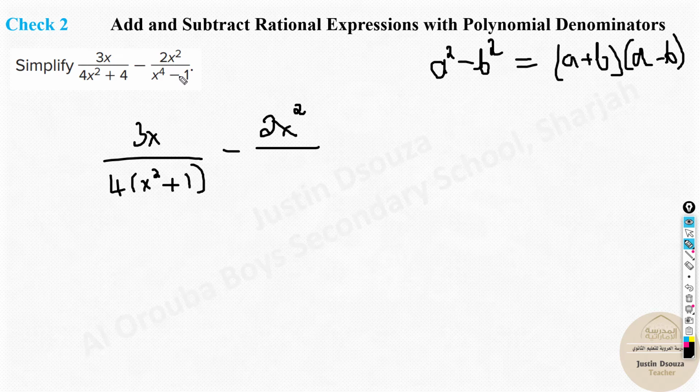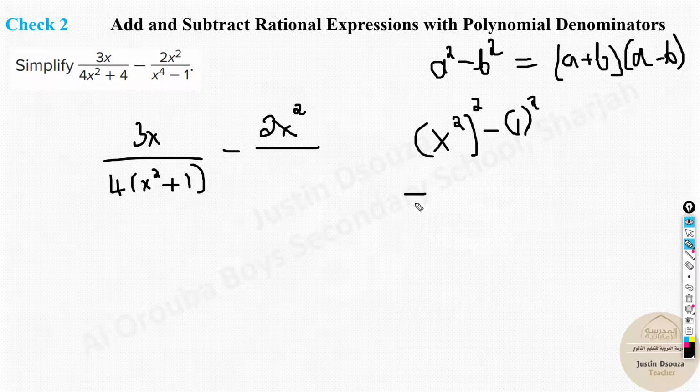How? Now here, instead of writing x to the power 4, I'll write it as x square the whole square minus 1. I can write 1 to the power 4. It's the same thing, so it doesn't make any difference. So I'll write 1 square. Now you can see this is in terms of a square minus b square, where a is x square itself, then the outer square.